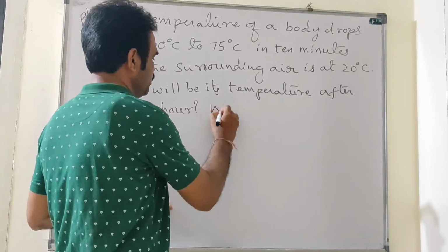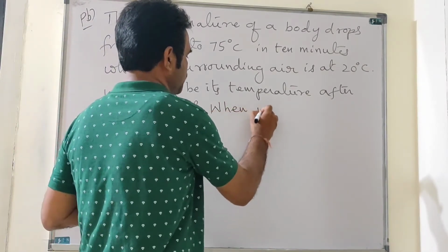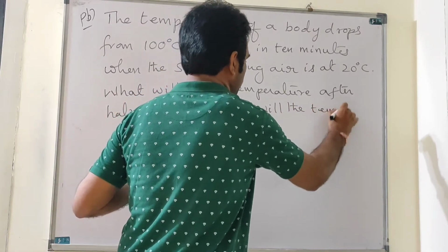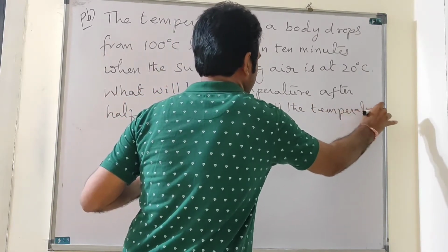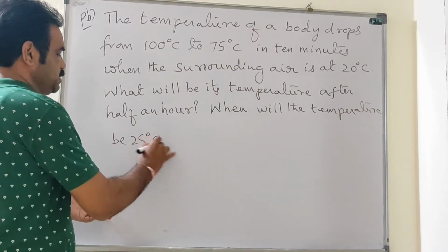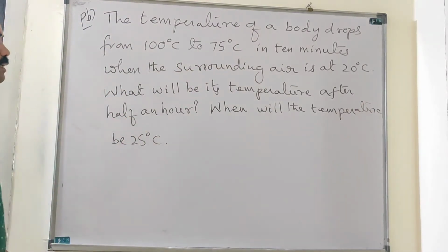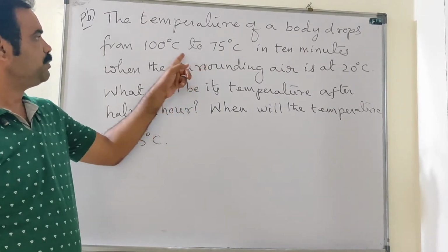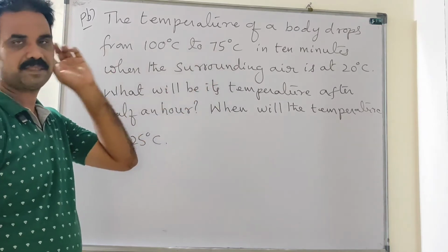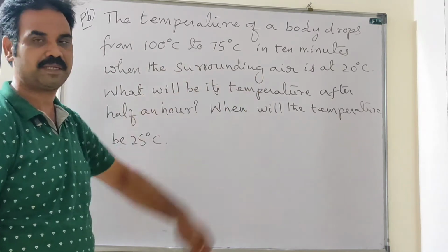When will the temperature be 25 degrees Celsius? Given that the temperature of the body drops from 100 to 75 degrees Celsius in 10 minutes, the surrounding air temperature is 20 degrees Celsius.